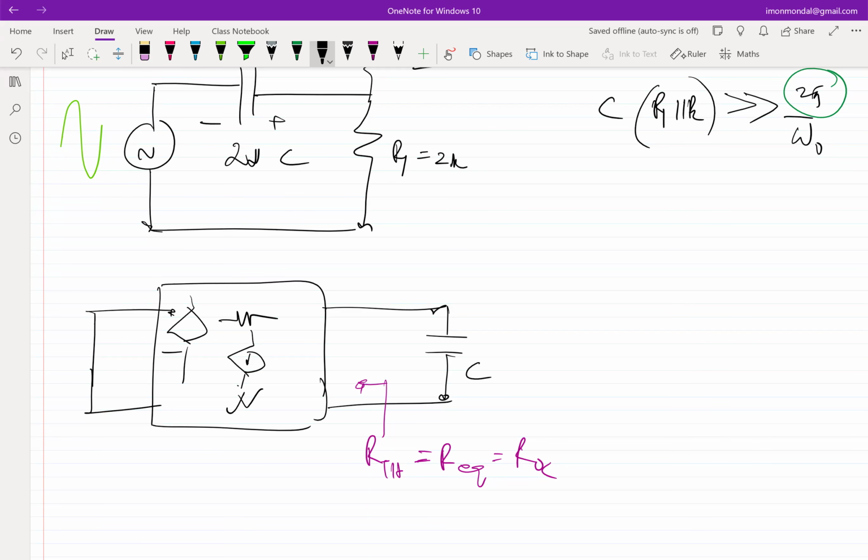We'll just find out the time constant, because we are good at finding the time constant of first order circuits. As long as we know the time constant, we relate it to 1 over omega naught. And if the signs are right, that is, you don't mess up greater than with less than, you're good. Any questions?